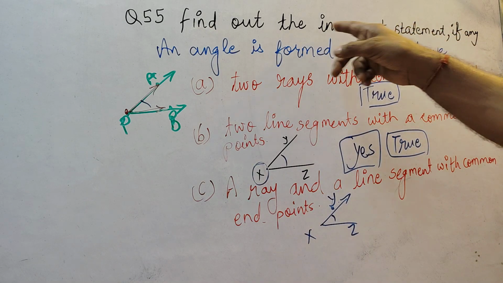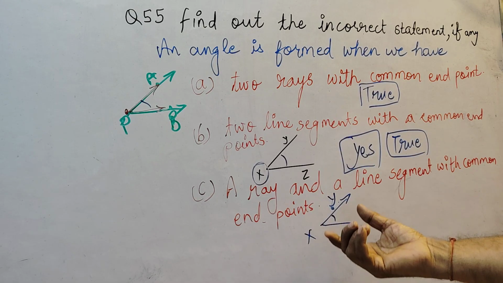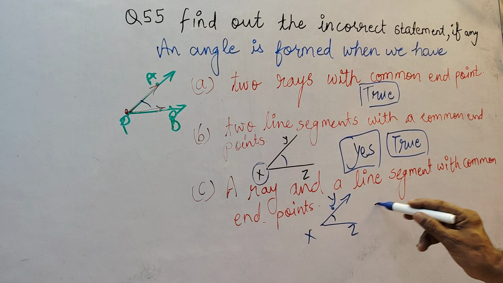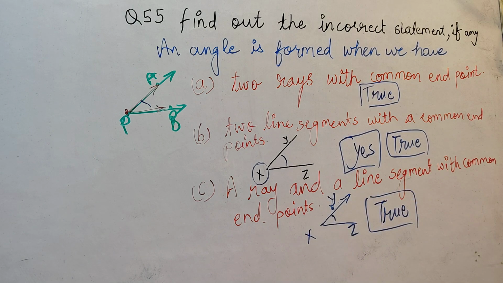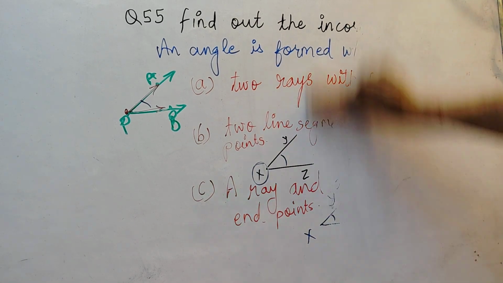So all statements are correct. The only difference is that we are taking a mix of line segments and rays. But an angle is formed in all three situations. So all three are true.